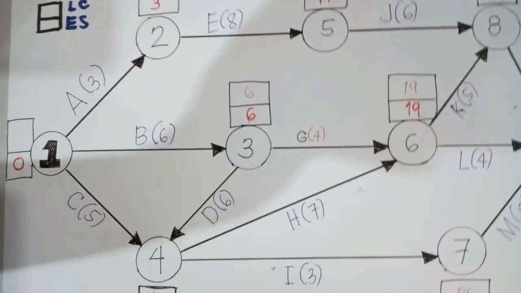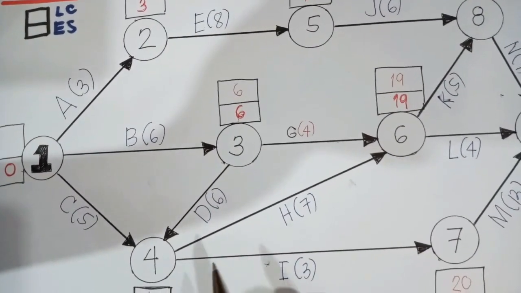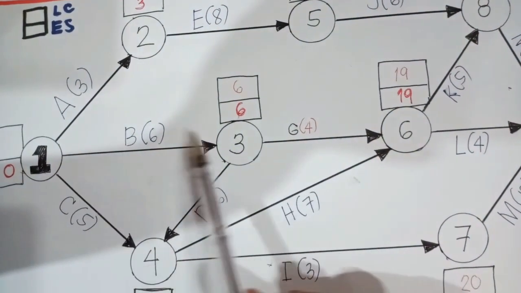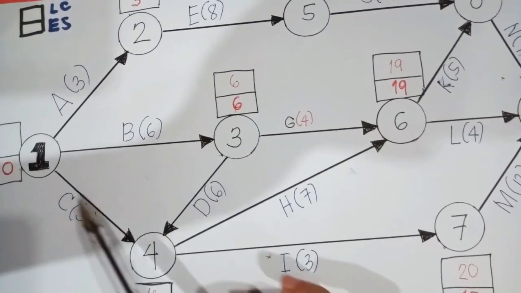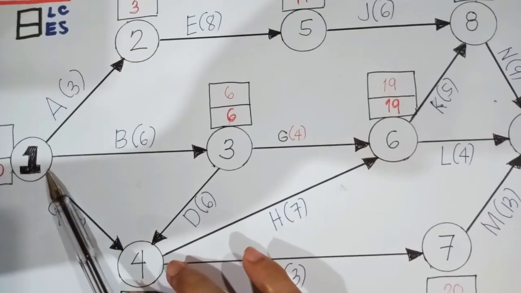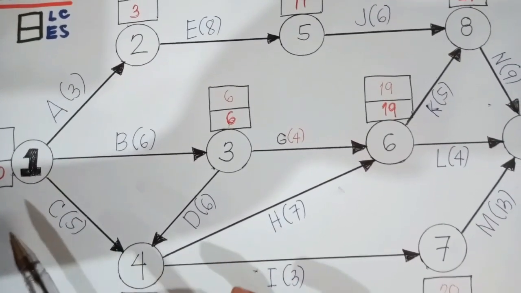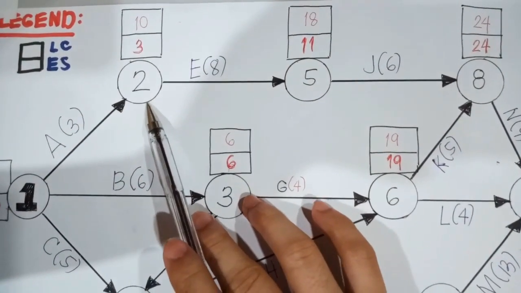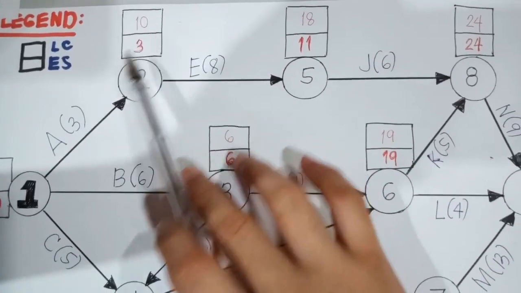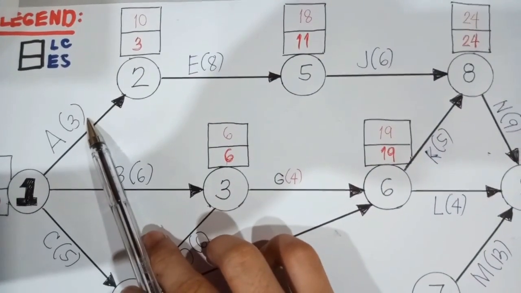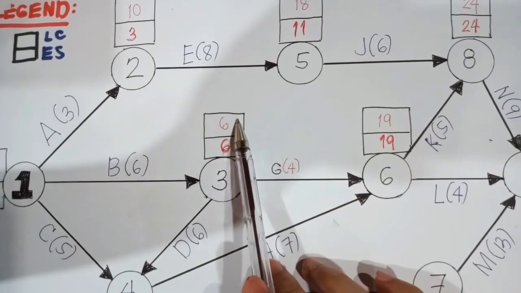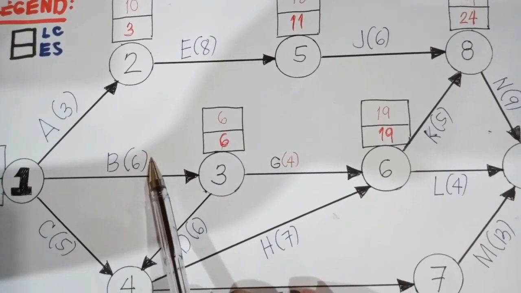And finally, for node number 1, as you can notice, there are 3 activities involved. So you have there 2-1, 3-1, and 4-1. So like I said earlier, we need to find the minimum value. So in the case of node number 2, your latest completion time is 10 minus the duration of 3, that would be 7. And for node number 3, latest completion time is 6 minus 6, that would be 0.